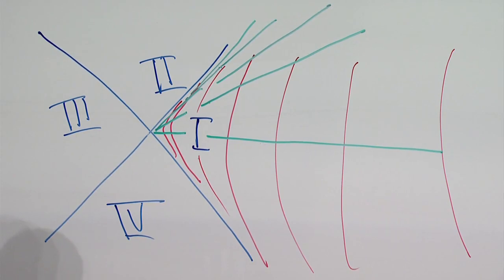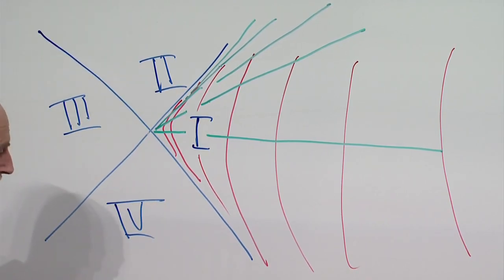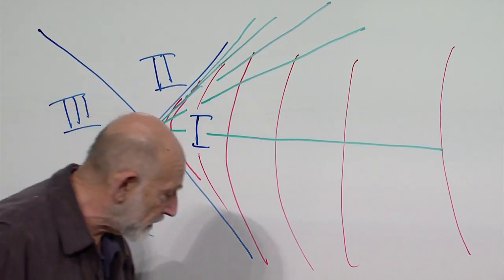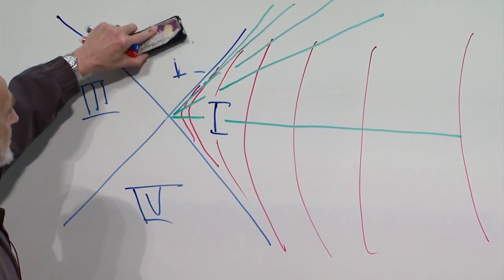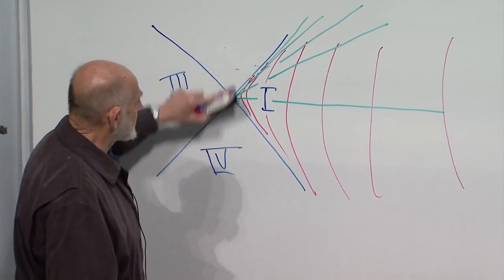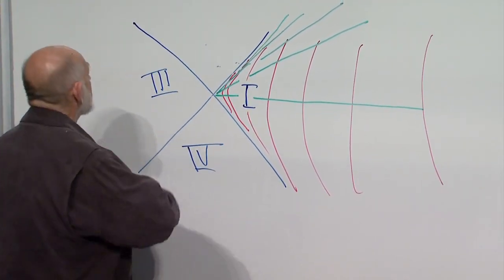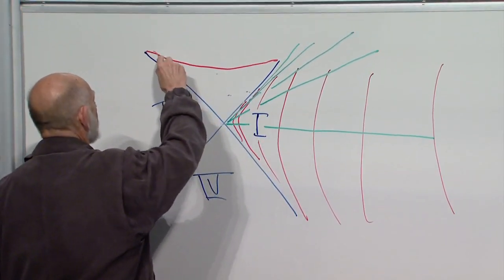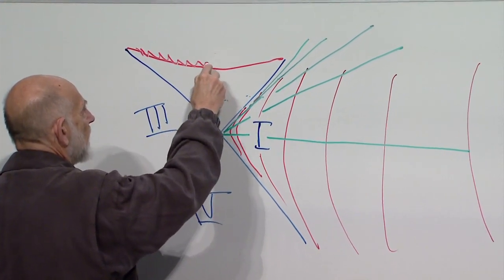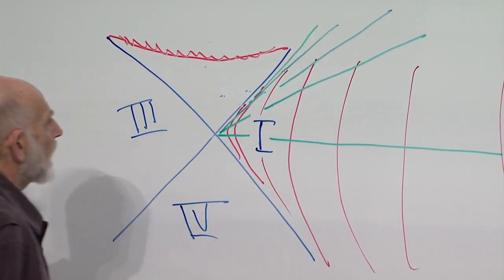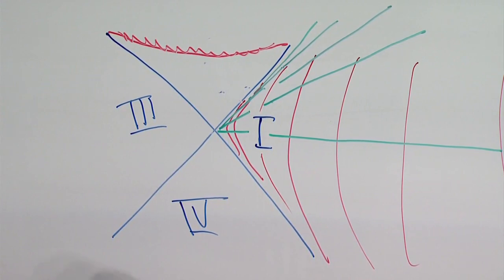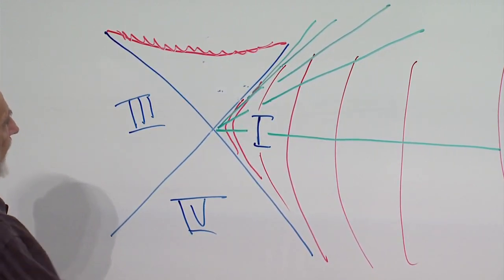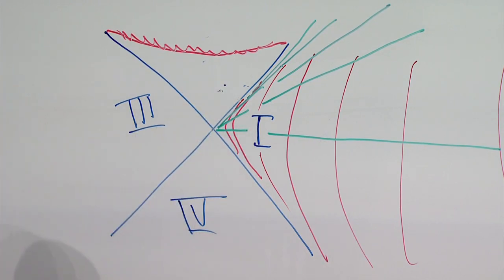And the inside of the black hole is quadrant number 2. In quadrant number 2, for a real black hole geometry, not for flat space, there's something nasty. And the nasty is the singularity. And the singularity looks like this. I don't know what it looks like because I've never seen one, but it's a bad place with lots and lots of tidal force. And the problem with it is once you find yourself in quadrant 2, there's no way out.